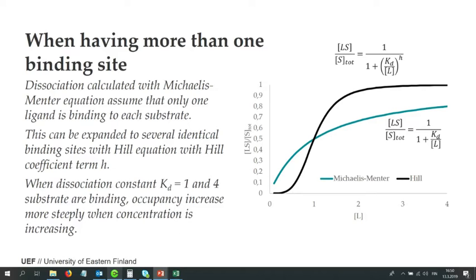And with a dissociation constant of, for example, 1, you can see that with the Hill equation we have a steeper S-shaped curve. That means that in low concentrations of the ligand, the Michaelis-Menten equation with one binding site will still try to keep it.